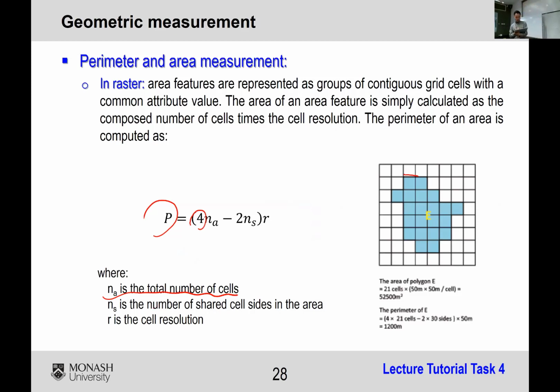Minus the shared cell sides in the area. In this case, the total number of cells is 21, and the shared sides are 30. For example, this is 1 shared side, 2, 3, 4, 5, 6, 7, 8, 9. So that's 30 in total. That's how the perimeter of raster data is calculated.